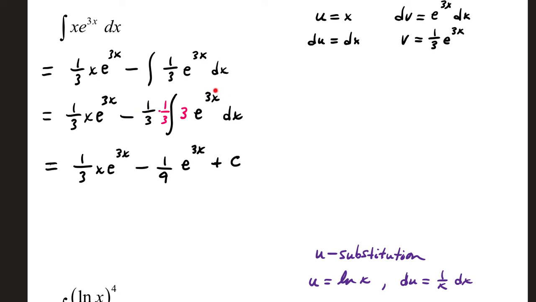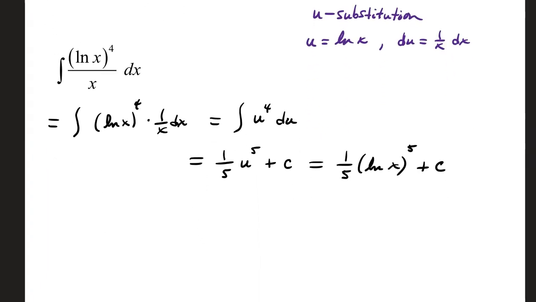Now, in order to get the antiderivative for this term, because of the power having a derivative of 3, we need to incorporate or multiply in a 3 and rebalance with a 1/3. And that will give us 1/9 e to the 3x for the integral of the back term, plus c for your constant of integration.